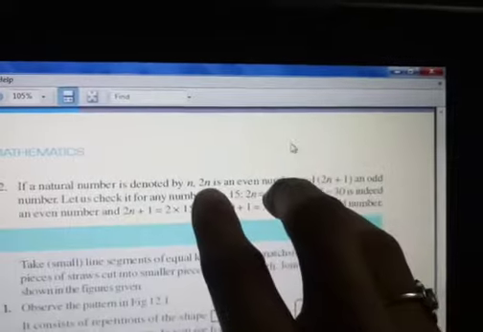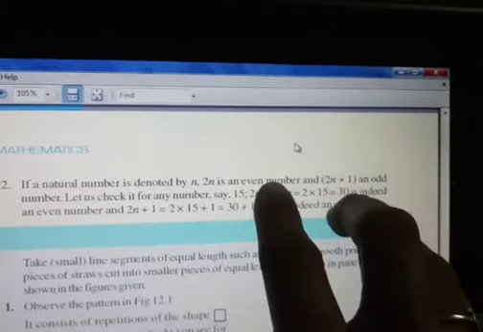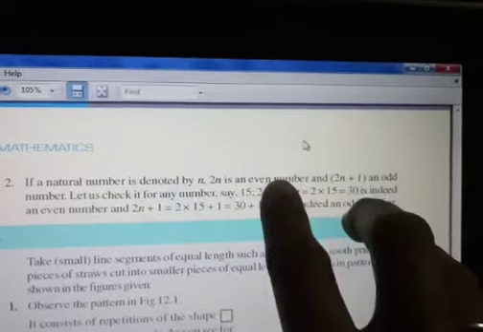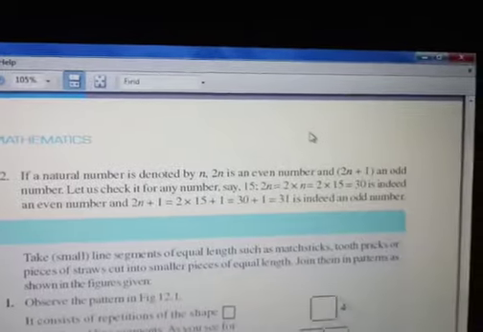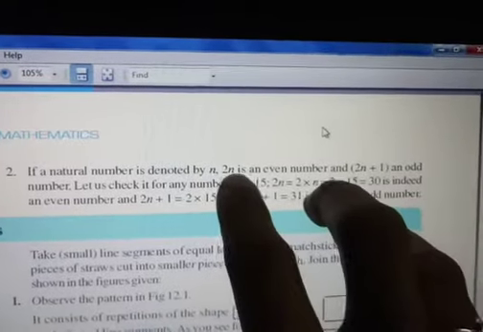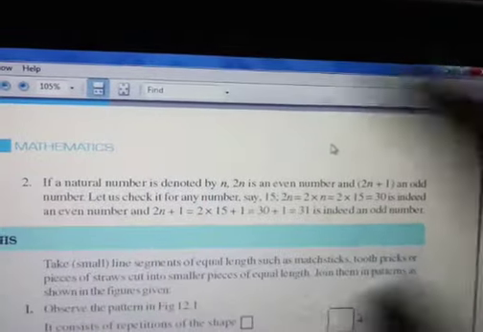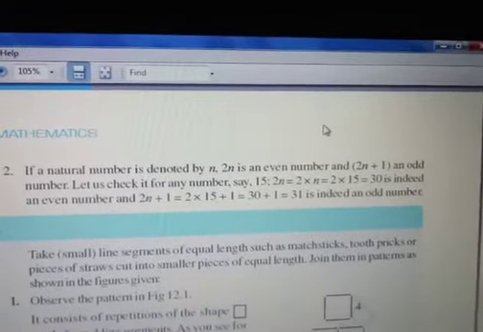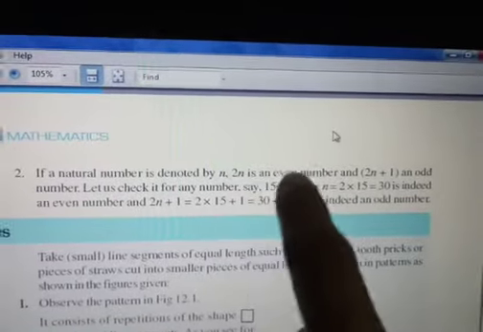If I put n equal to 1, then 2 into 1, 2 is an even number. 2 twos are 4, an even number. Everything is a multiple of 2, that's why 2n is an even number. 2n plus 1: 2 into 2, 4; 4 plus 1, 5. 5 is an odd number. Likewise, you will find the even number and odd number. So you can underline this: if a natural number is denoted by n, 2n is an even number, 2n plus 1 is an odd number.